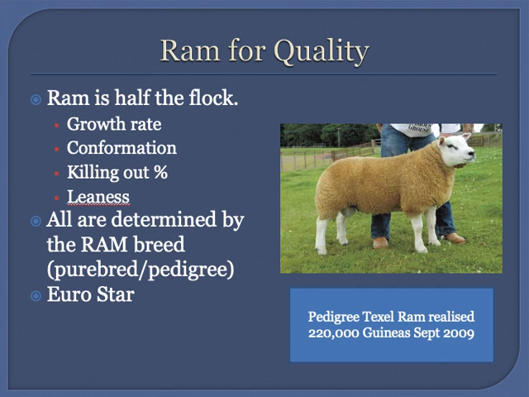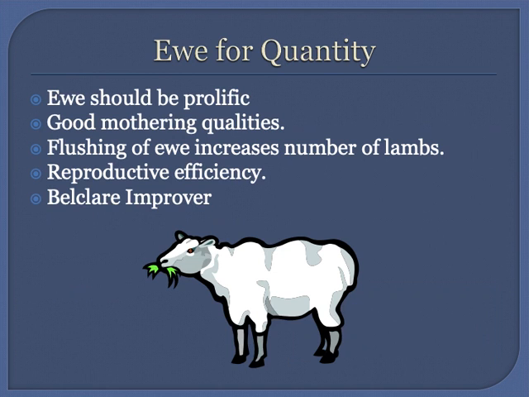So the fast growth, the lean meat, the carcass quality, good conformation, all of those things. And as we mentioned earlier, you have a ready-made assessment of those in your Eurostar rating. So if you get a 5-star ram, you are likely to get good results from him. So that's your ram who brings the quality to your breeding program.